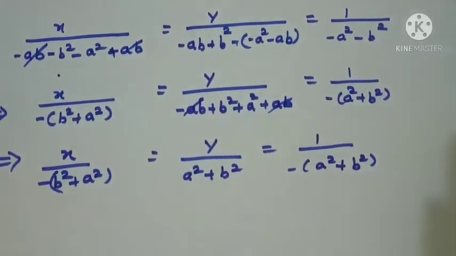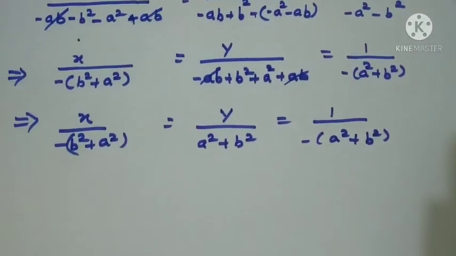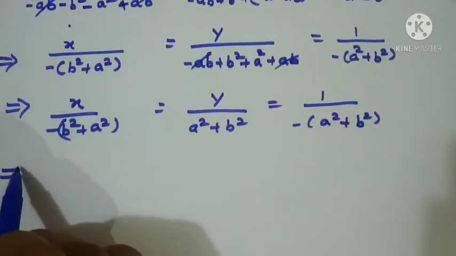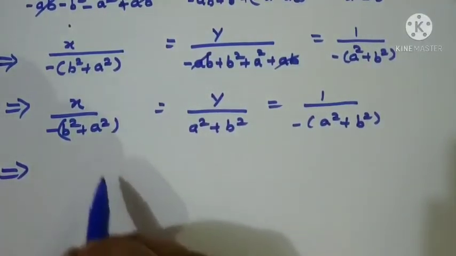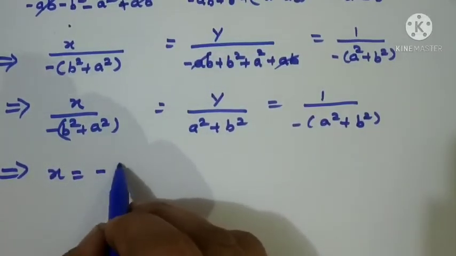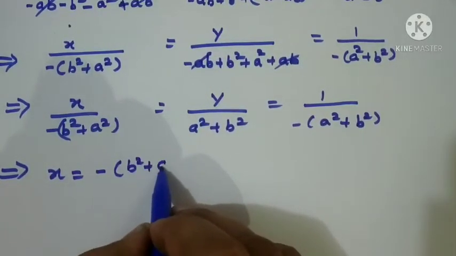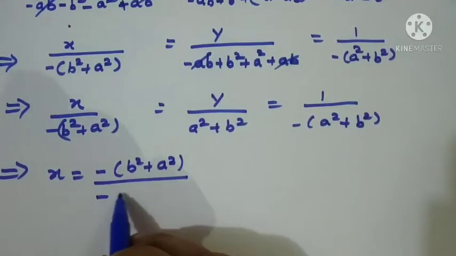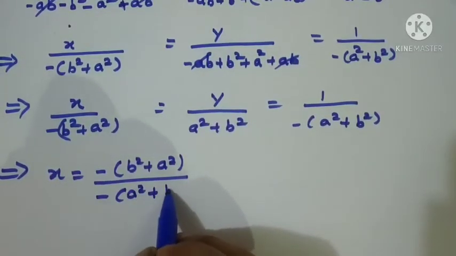Now we need the value for x and y, so what we should do? We should take the first and the third ratio. x equal to, this term I am taking to that side, minus b square plus a square divided by minus of a square plus b square.